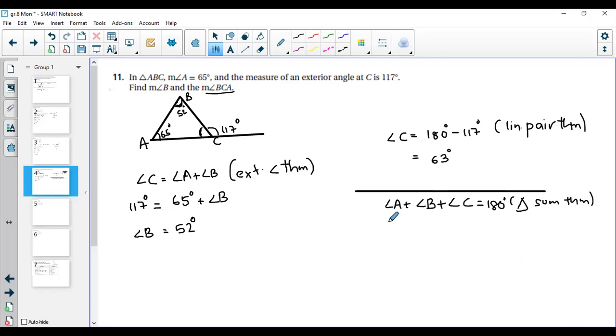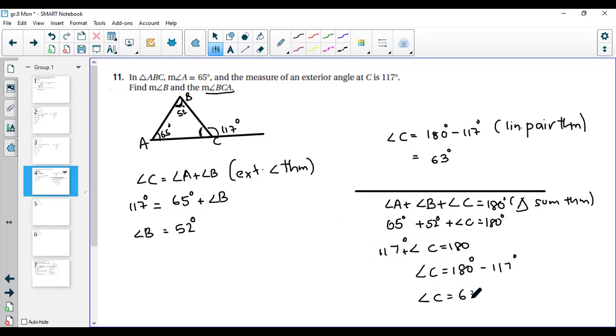So angle A is 65 degrees, angle B is 52 degrees. We don't know what angle C is, but we know that all of them equal 180. So this is going to give you 117 plus angle C is equal to 180. So angle C is going to be 180 minus 117 degrees. That leaves us with the same answer.